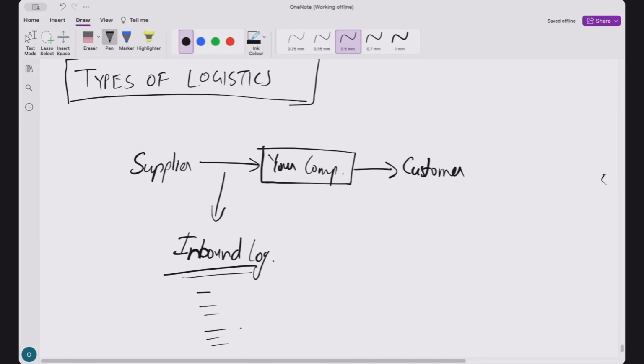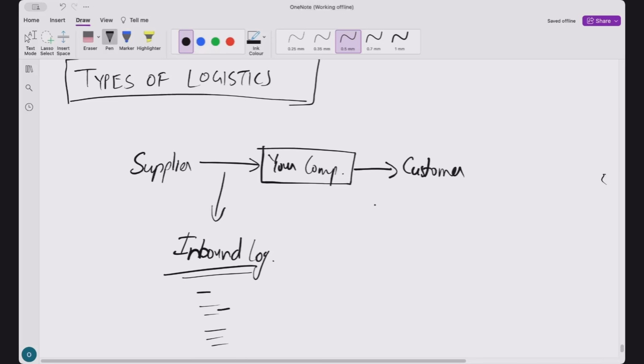The inbound activities include sourcing and procurement, transportation from supplier to your facility, receiving at your warehouse or factory, inspection and quality control, put away into storage, and inventory management of raw materials and components. All six components of logistics will be there in inbound logistics.